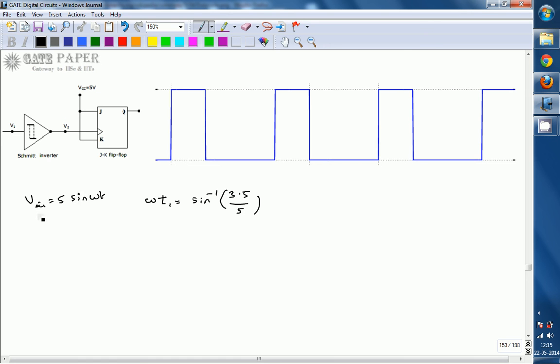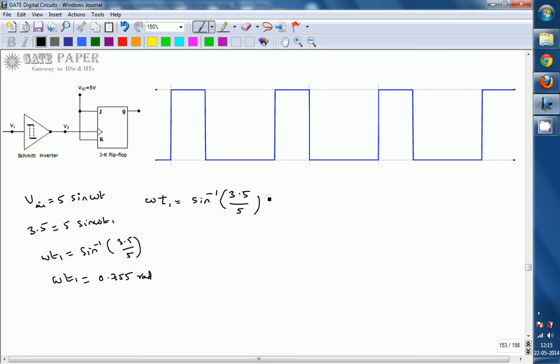When V input reaches 3.5 volts, that time is treated as omega T1. So sine omega T1 is 3.5 equal to 5 sine omega t. Omega T1 can be written as sine inverse of 3.5 divided by 5, which is 0.755 radians.